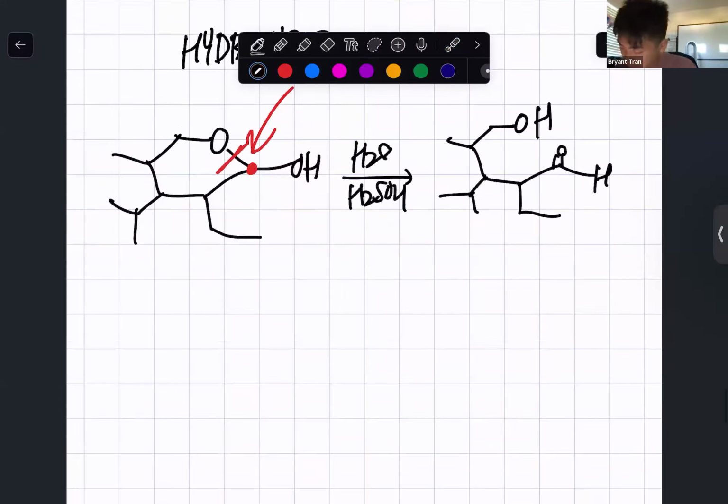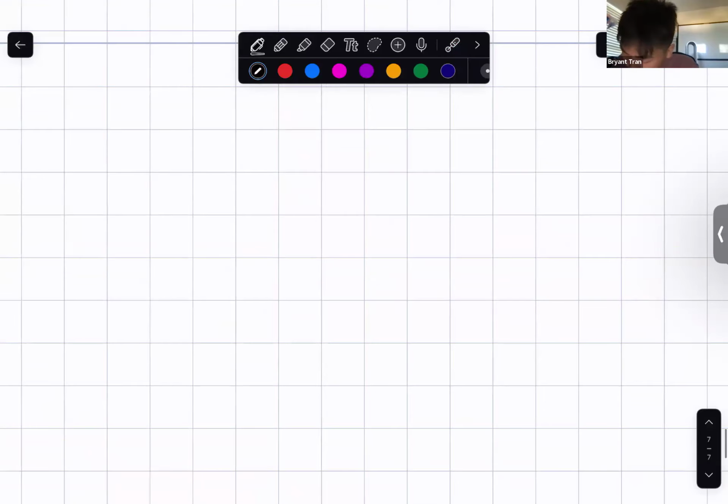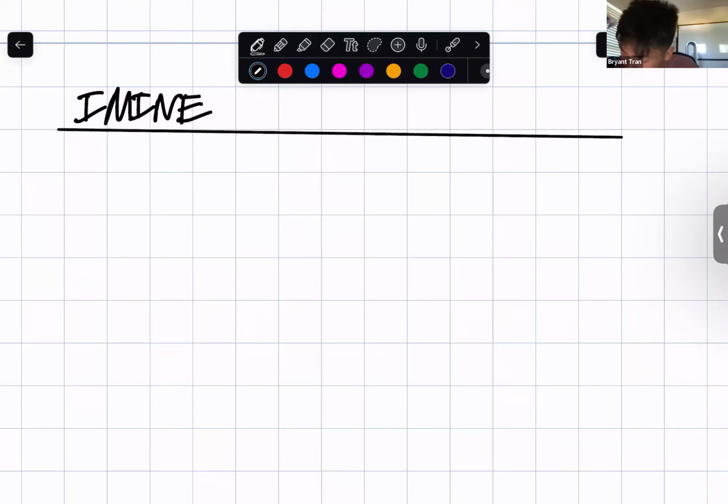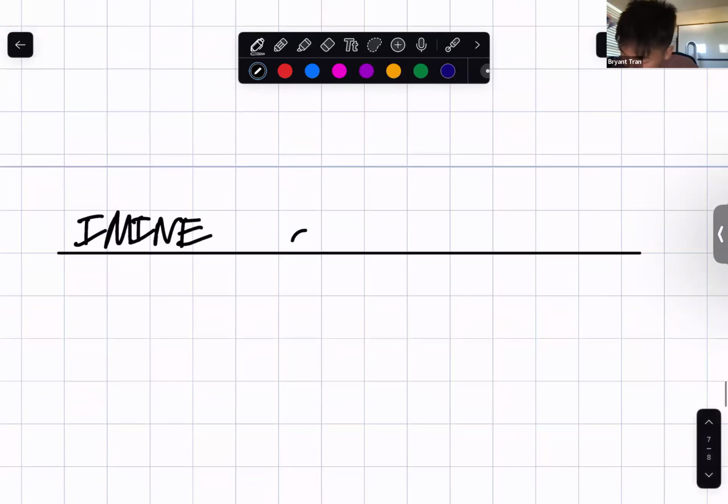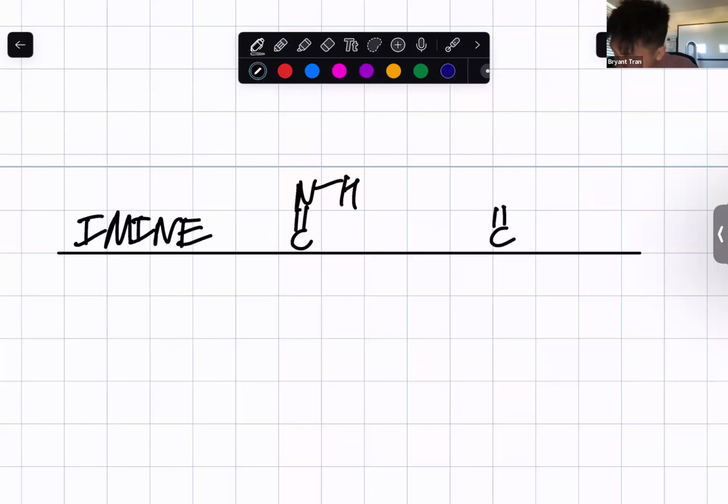Now we're gonna go straight into imine, right? So I'm gonna give you the ingredients to create the imine, which is a carbon double bond nitrogen. And this nitrogen, to be neutral, has to have three bonds, so it could be bonded to a hydrogen, or it could be bonded to an R group, like that.